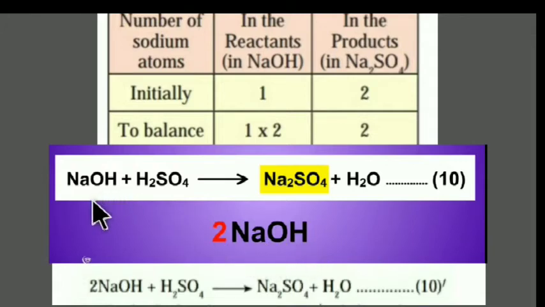Let's see the balanced or changed equation, that is 2NaOH plus H2SO4 gives Na2SO4 plus H2O. That is equation number 10, the first equation.